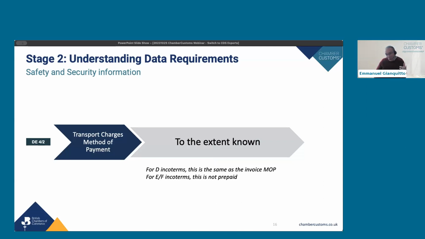Generally speaking, this is not a rule set in stone, but generally speaking, if you're using an Incoterm that starts with D, that would suggest that the price of transport is included in what has been paid on the invoice for the goods, which means that whichever method of payment was used to pay the invoice, for example bank transfer, would also be used for the transport charges. And then for E, like EXW, or F, like FCA, FOB, etc., it is simply not prepaid because it's paid separately. That's one approach that you can use.